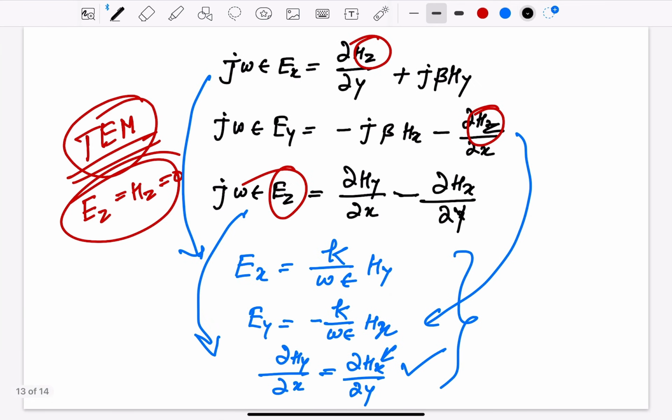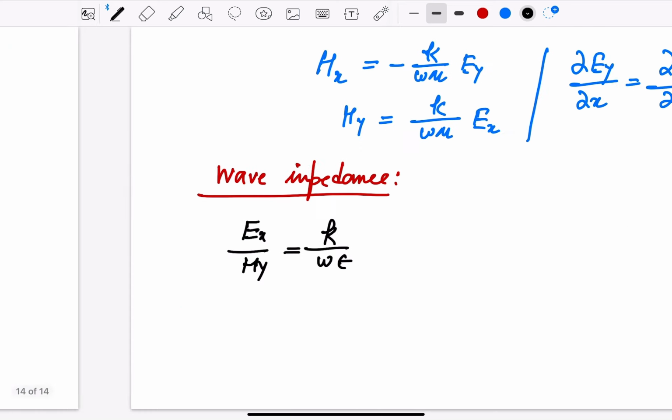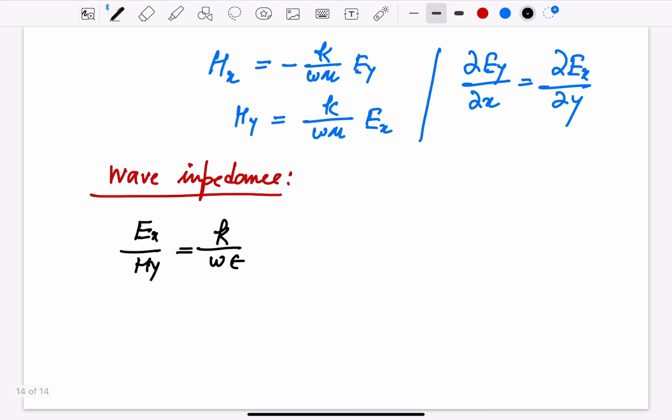And from another equation, a relation could be obtained in terms of omega and mu, which could be written as omega mu over k.